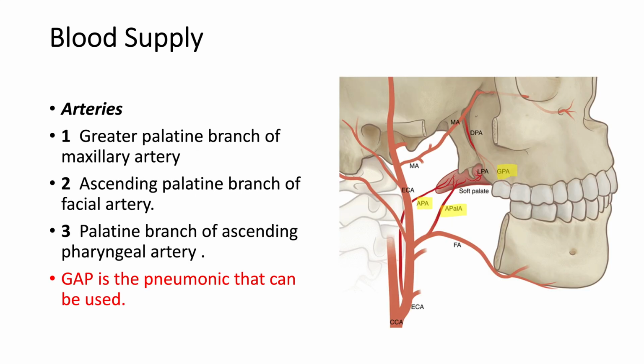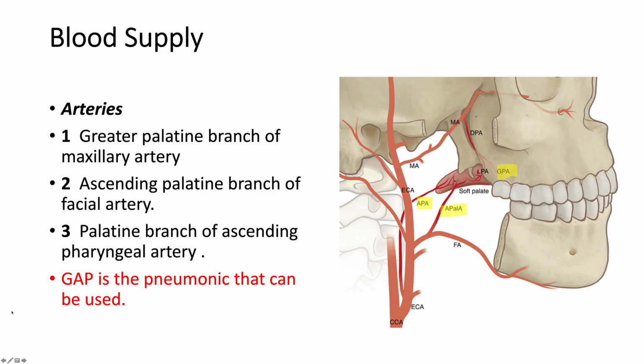Blood supply. To remember the blood supply, I have created a mnemonic which is GAP, G-A-P. So we have greater palatine artery, which is over here. Then we have ascending palatine branch of facial artery. This is the facial artery over here.